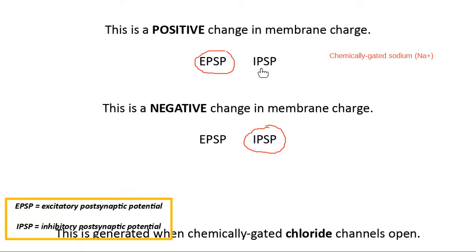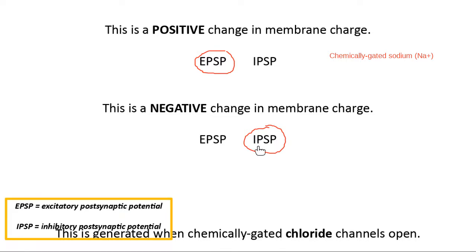Why that'll help you is everything that happens below threshold is chemically gated channels that we're using. Remember, when I hit threshold, voltage gated channels take over. These small positive changes or small negative changes happen when I'm below threshold, and they're caused by chemically gated channels. So excitatory postsynaptic potentials are helped by chemically gated sodium channels.